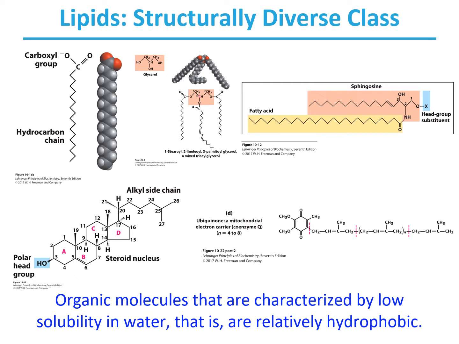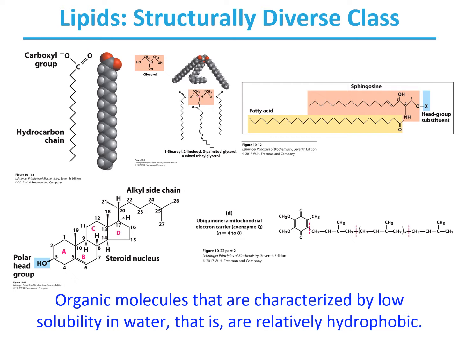This is an example here of a sphingolipid carrying a fatty acid. But you have other types of lipids such as cholesterol, and you can see this structure is fundamentally very different to these first lipids.